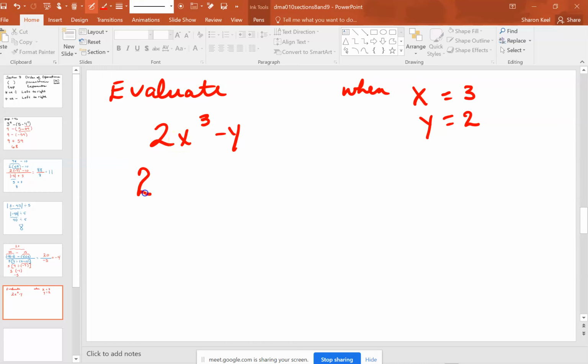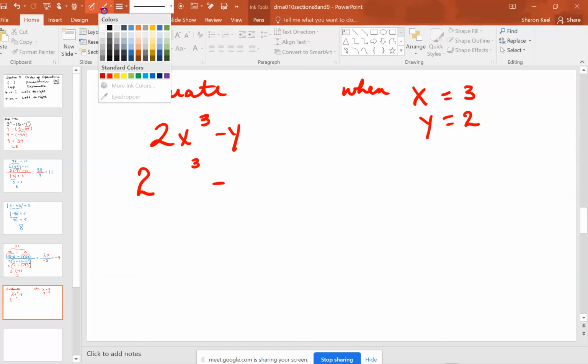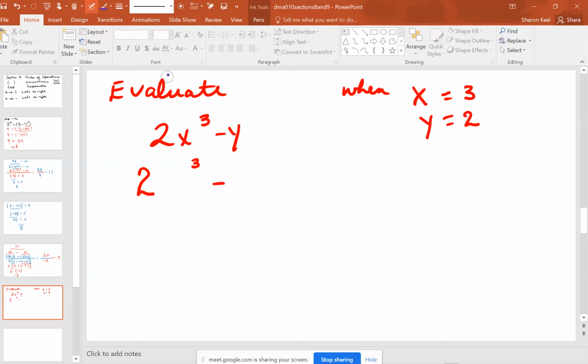So I have a 2, I'm going to have something cubed and then a minus. Let me put those numbers in another color to draw attention to them. The x is the number 3. So where the letter x is, the x is going to be replaced with the 3, and the 3 is going to get cubed. The y is represented with a 2. So where the y would be, I'm going to put the number 2.